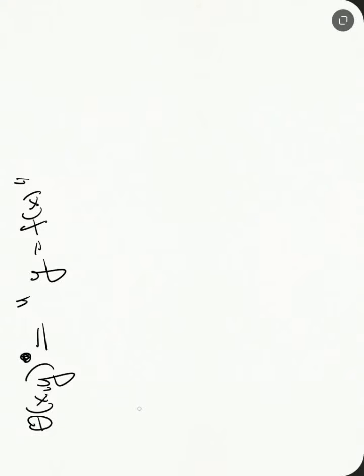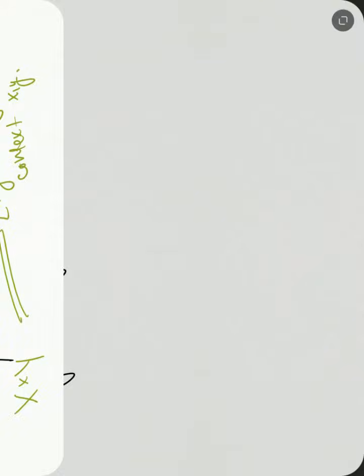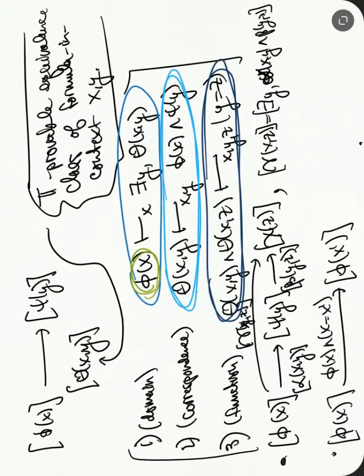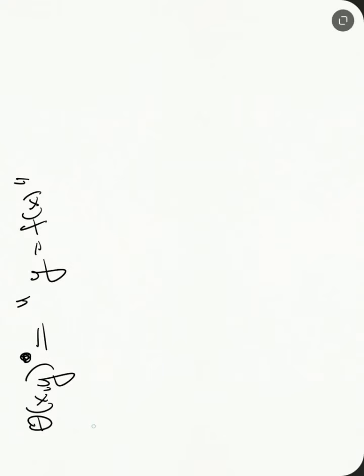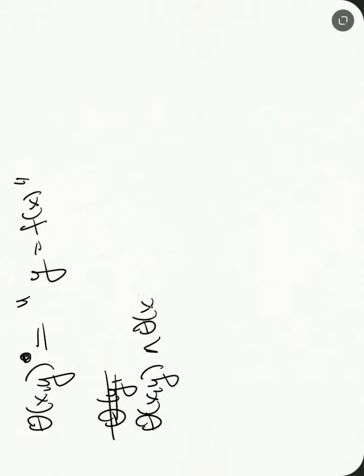Okay, and so now let's write out what this formula says. It said that if we have these two, theta of xy and theta of xz, then y is z. So let's write what this says, and then we'll write down the conclusion over here.